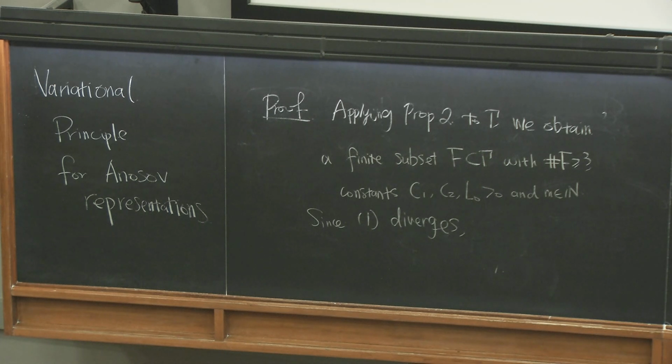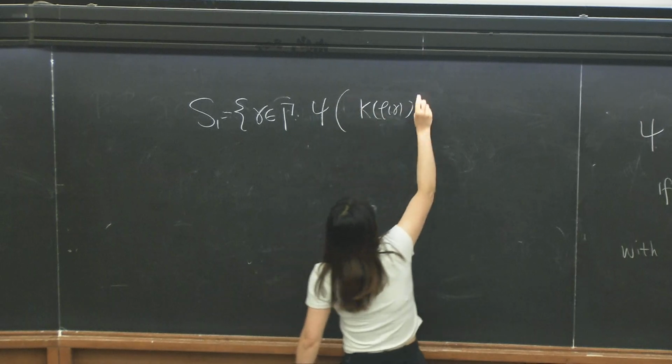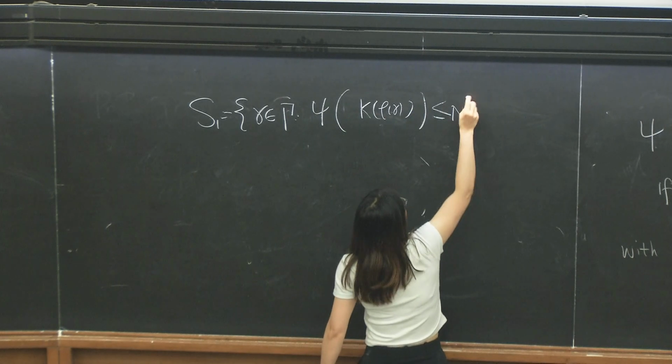It just consists of the words gamma such that when I input the Cartan projection of rho gamma into this functional, it is less or equal than n.